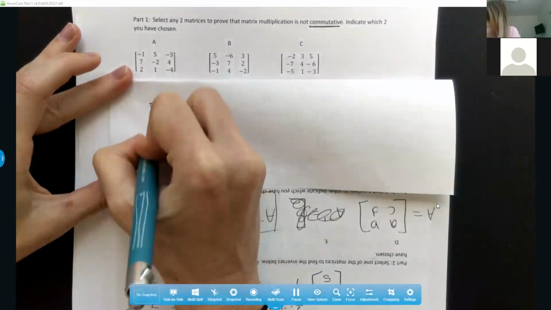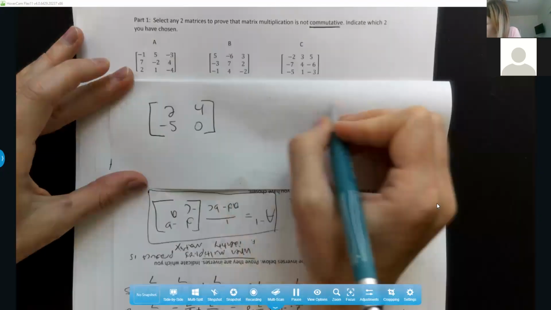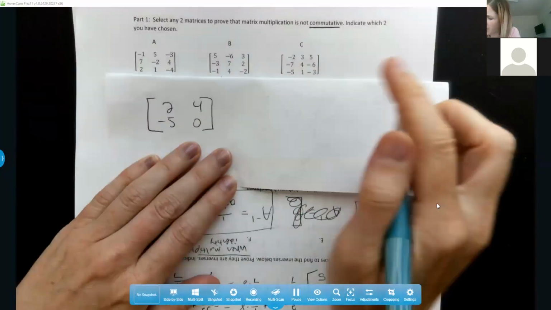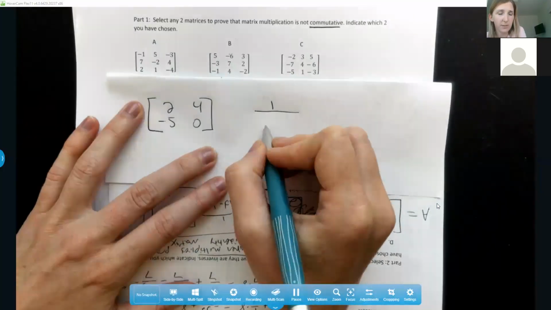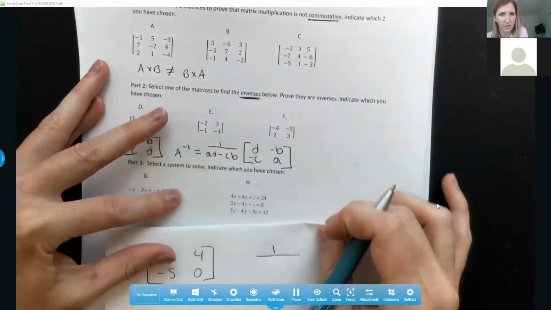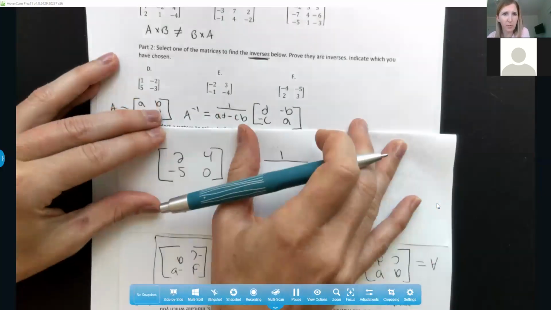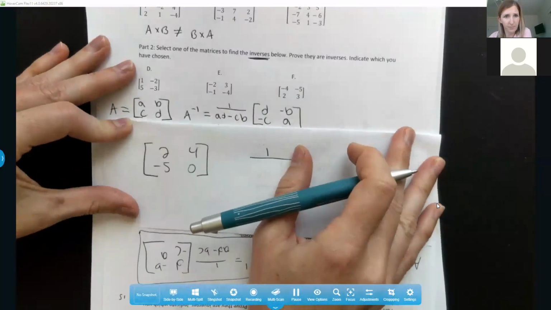All right. So let's say 2, 4, -5, and 0. If I want to find the inverse of that, I would start off by multiplying it by 1 over what? Wait. You said 1 over AD? Yep, A times D. So what would A times D be? 2 and 0.